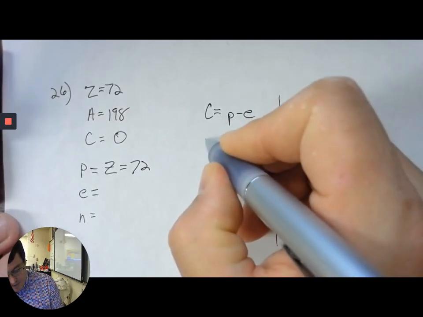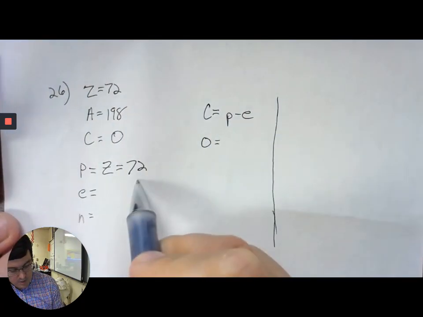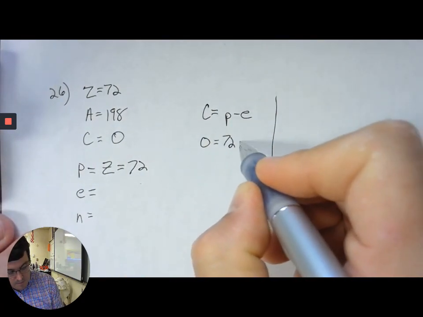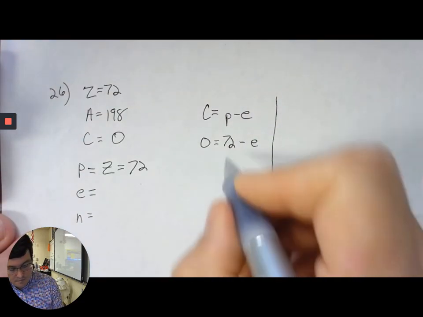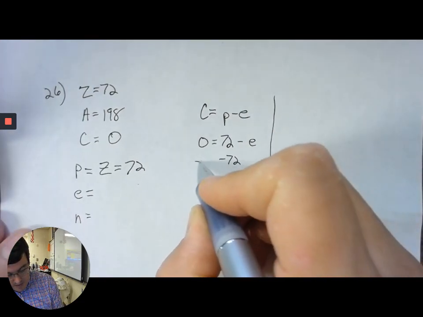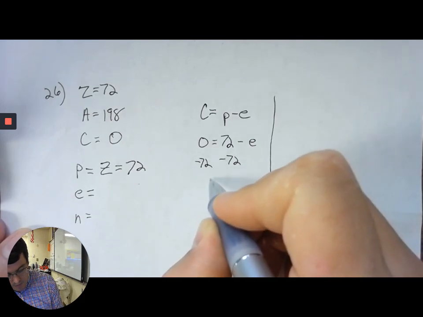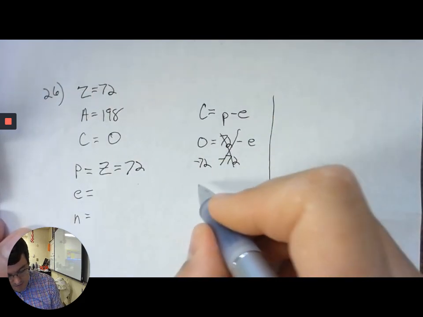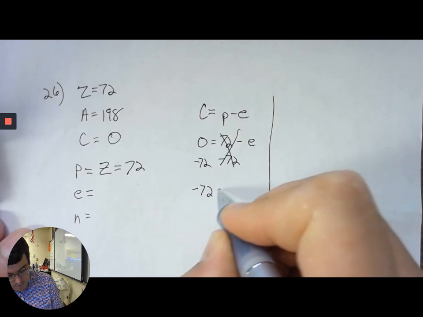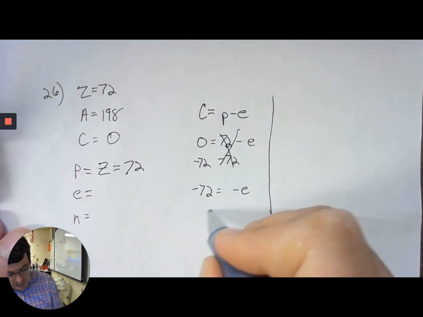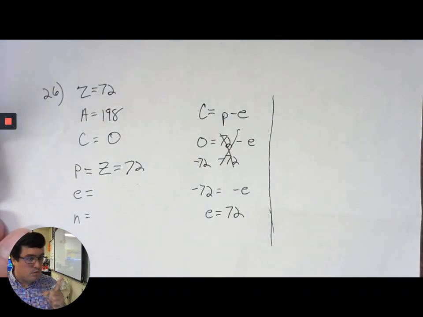So the charge is equal to 0, protons we now know is 72, minus E. Subtract 72 from both sides. This one cancels out. We're left with negative 72 equals negative E. Therefore, E equals 72. Check.